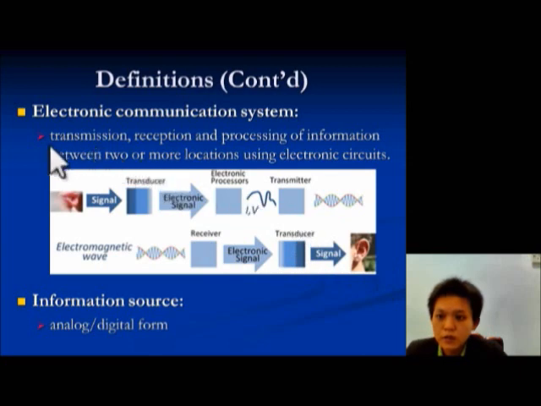So it is the transmission, reception and processing of information between two or more locations using electronic circuits, which are shown in this figure. All the information sources can be in analog or digital form.